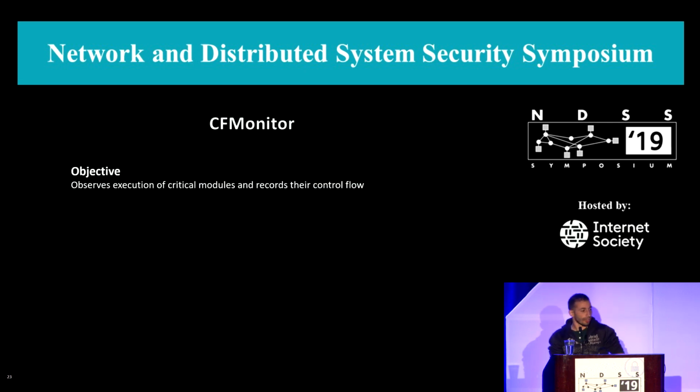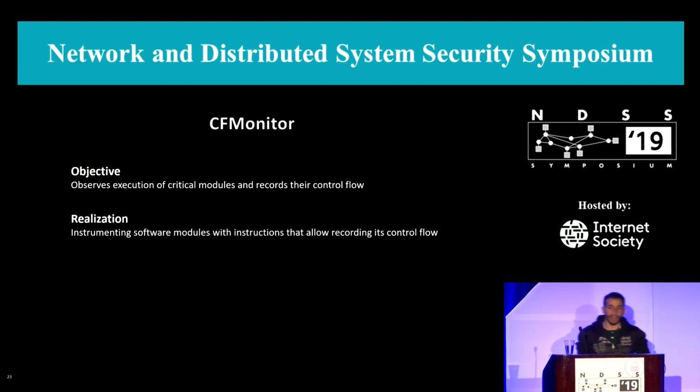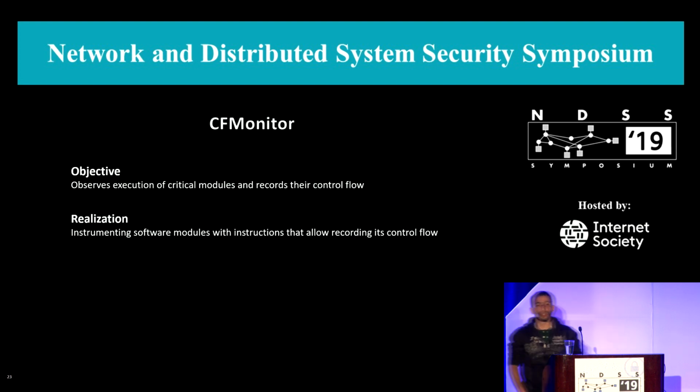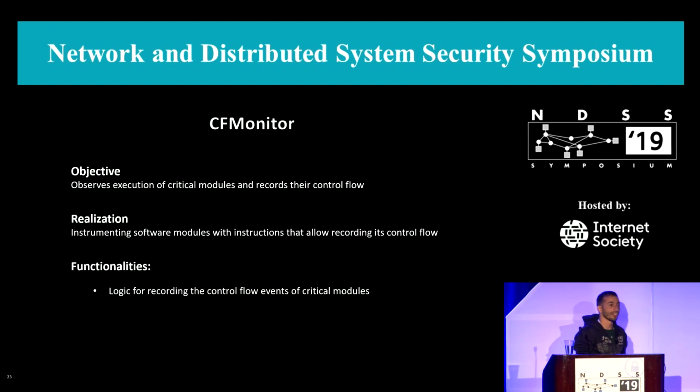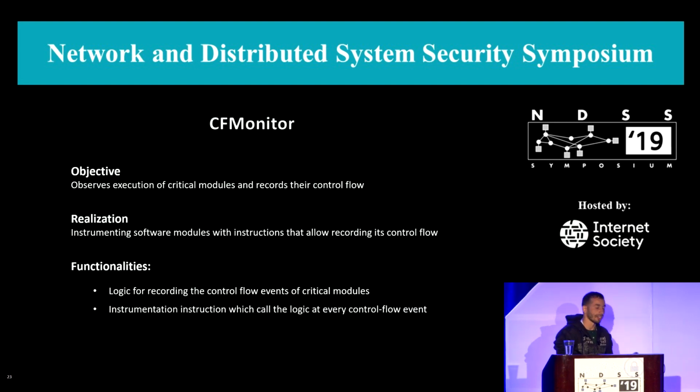The CF monitor, on the other hand, aims at detecting the control flow of those critical modules. It is realized by instrumenting all modules on the device so that they can run the logic that's responsible for measuring the control flow. It has two main functionalities: a logic that calculates the multiset hash function and measures the control flow, and an instrumentation that calls this logic on every control flow event.